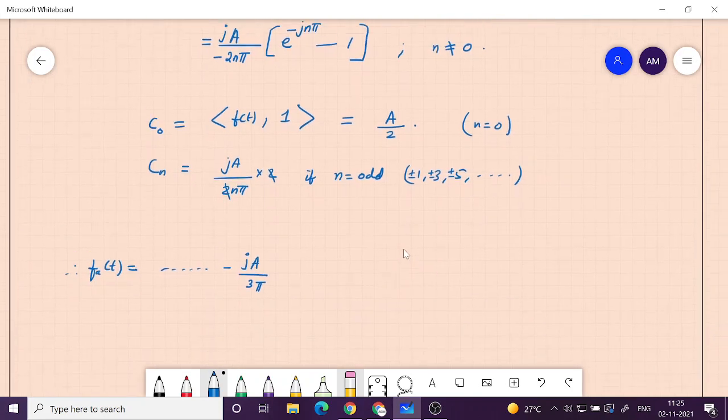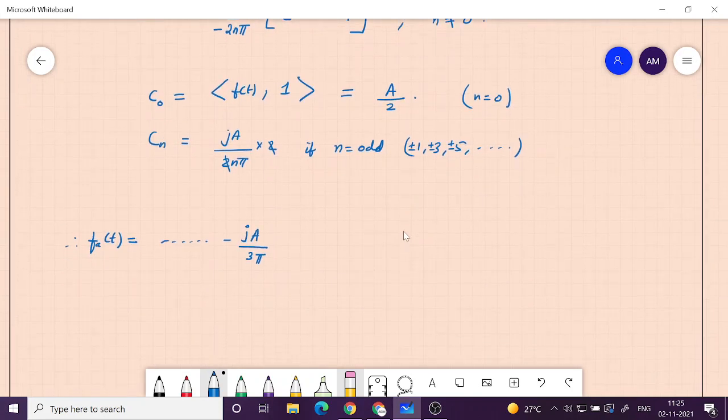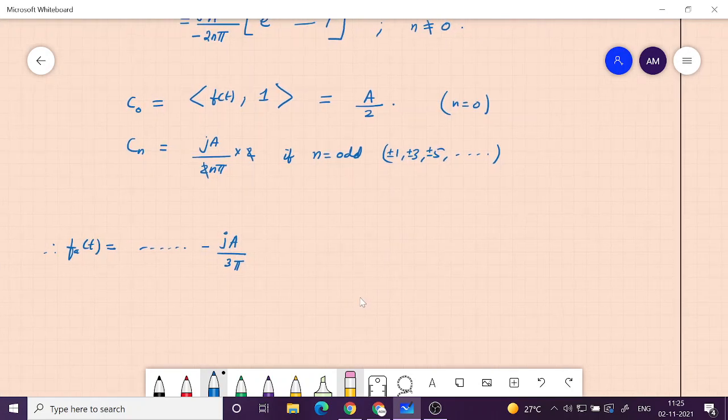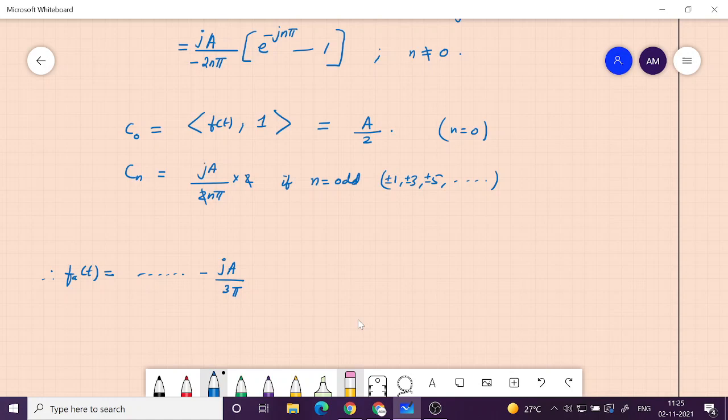Yeah, so it should be ja by, okay, minus 3 pi e raised to, so this is the coefficient for e raised to minus j 3 pi.